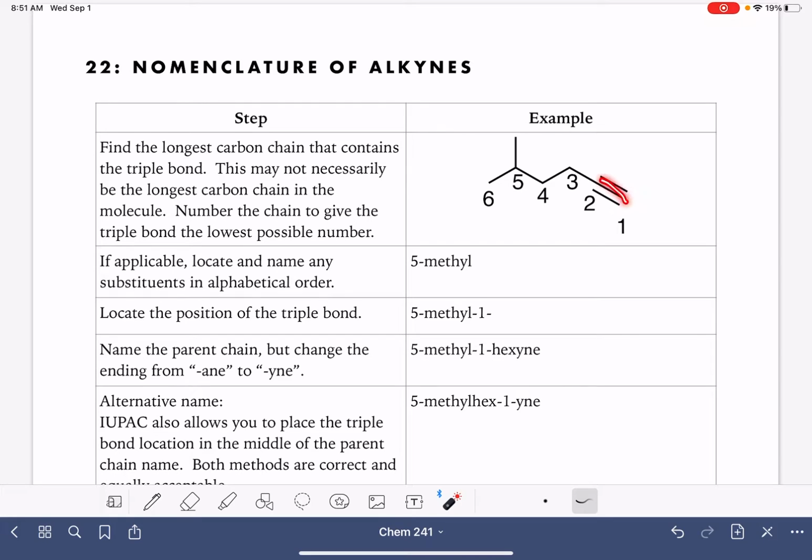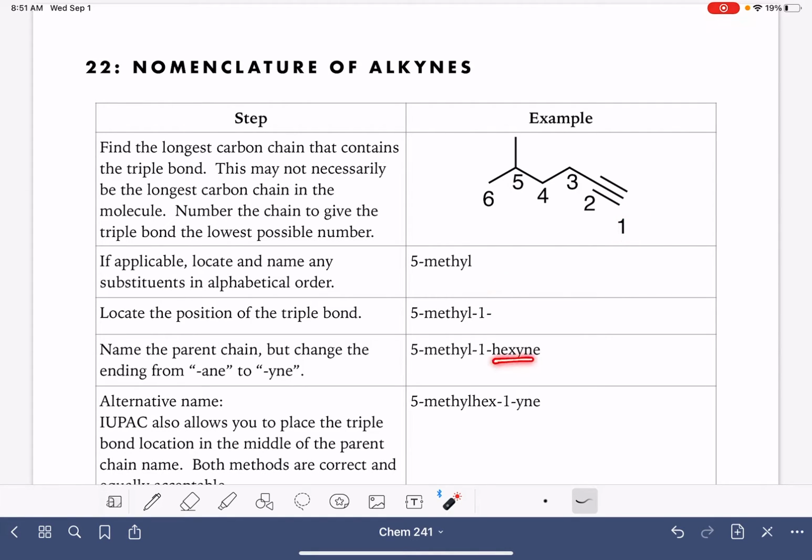So once we get our carbon chain numbered, we're going to go ahead and locate and name any substituents that might be present. We'll be doing that in alphabetical order, just like usual. And then we will give the location of the triple bond using the lowest numbered carbon of the two carbons in the alkyne. So this particular alkyne is going from carbon number 1 to carbon number 2, so we use number 1 as its location.